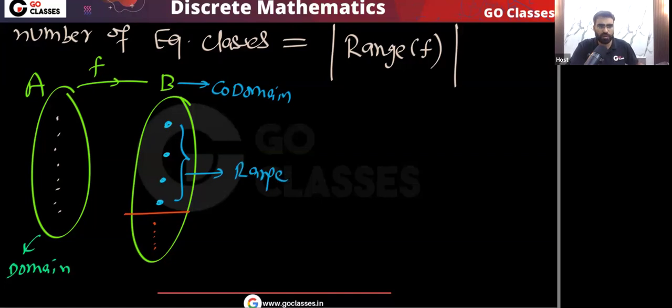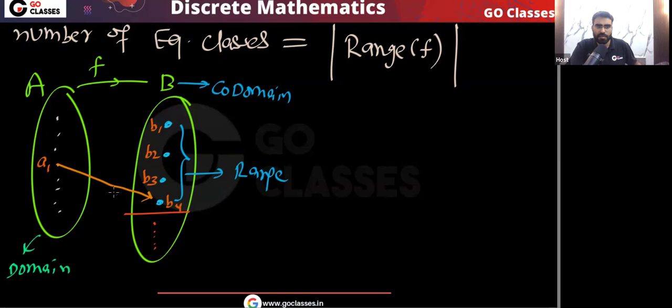Now notice what will happen. Because this area is your range, can I guarantee there is some element mapping to it? Yes, some element will be mapping to it. Let me call this element A1 and these elements B1, B2, B3, B4.